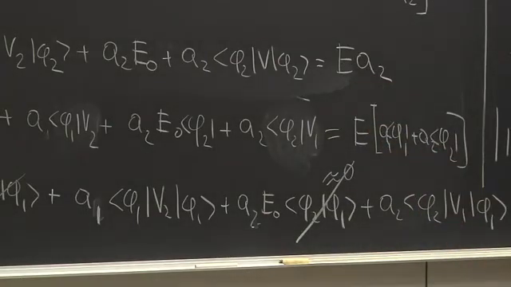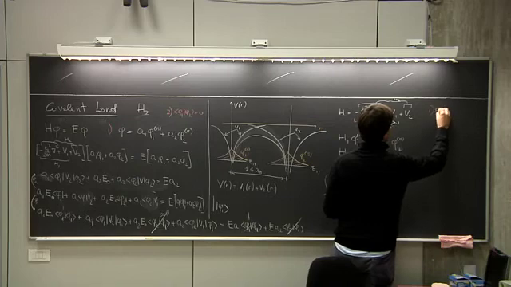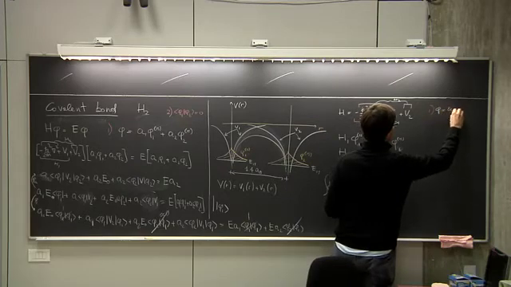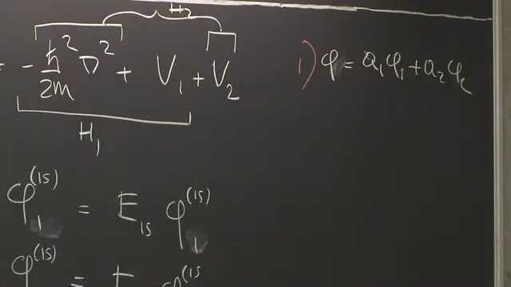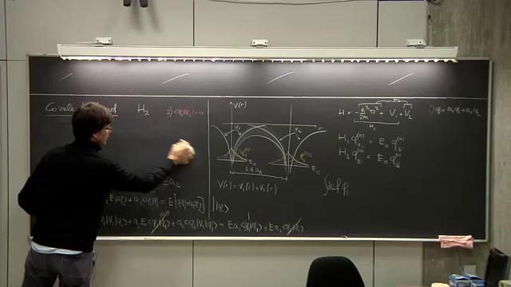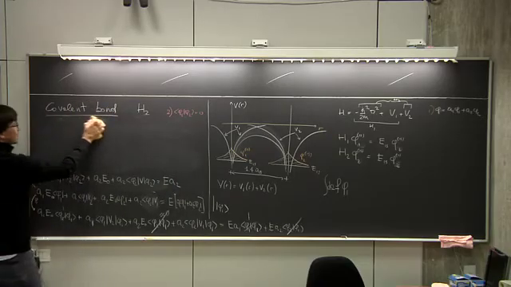Let me write this one here: phi is equal to A1 phi 1 plus A2 phi 2. I want to work on the left side of the blackboard here.